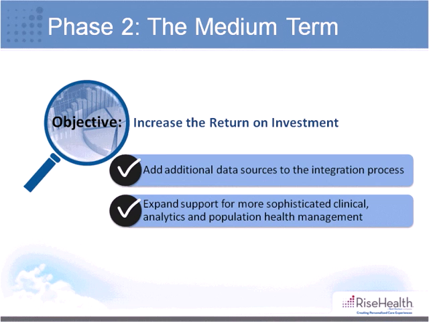And as you look into phase 2, there's adding additional data sources to the integration process, being able to get events as they occur. One of the frustrations as a provider is when you believe that you are taking care of the patient for the preponderance of their care, and then they go outside of network or go to someone else, get a second opinion, and they're off to the races, and they do a whole bunch of work.